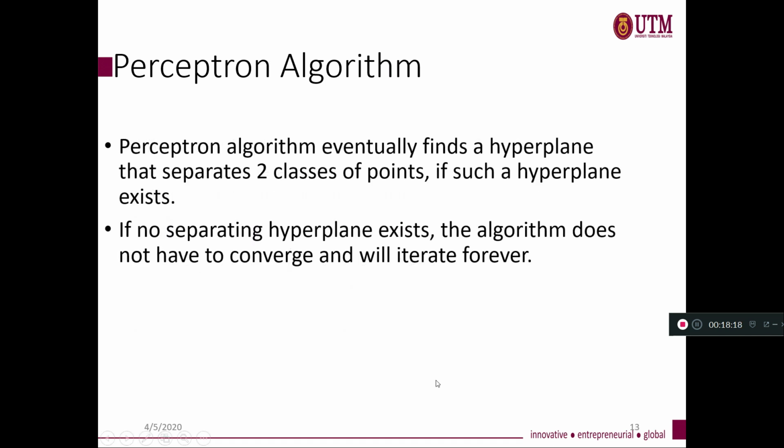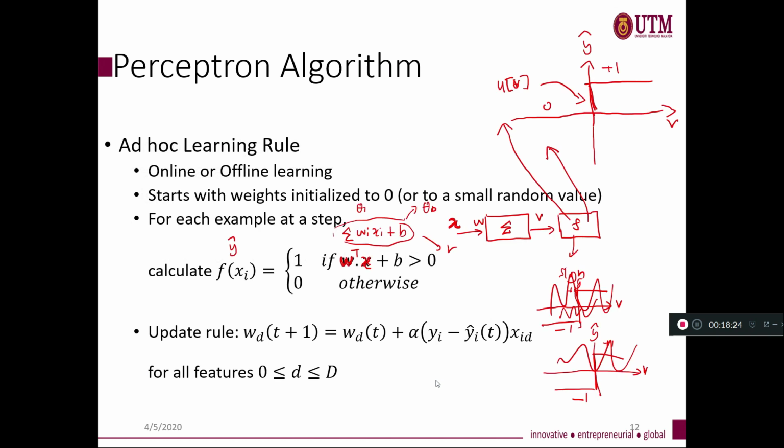However, the perceptron algorithm eventually finds a hyperplane. Hyperplane is another name for this function. It is the equation representing the border that separates two values, class 1 and class 2, or class belonging to plus 1 and class belonging to minus 1. If you talk about the sigmoid function, whether that point belongs to plus 1 or minus 1.